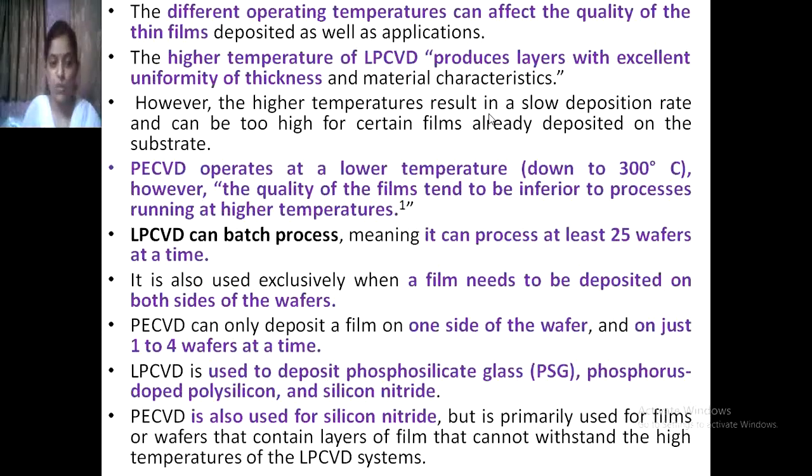LPCVD is used to deposit phosphosilicate glass, phosphorus doped polysilicon, and silicon nitride. PECVD is also used for silicon nitride, but it is primarily used for wafers that contain layers of film that cannot withstand the high temperatures of LPCVD systems.